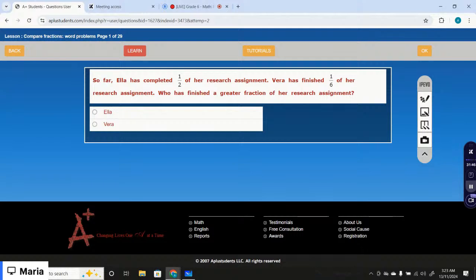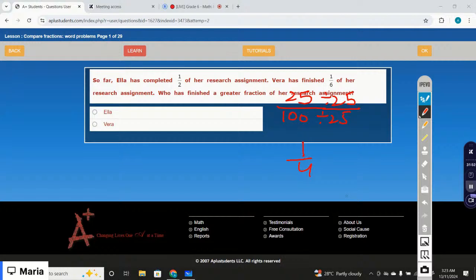Basically, you are going to compare 1 by 2 and 1 by 6, right? So the easiest way to compare the fractions is to make exactly the same shape. This is the 1 by 2 that is done. And this is 1 by 6.